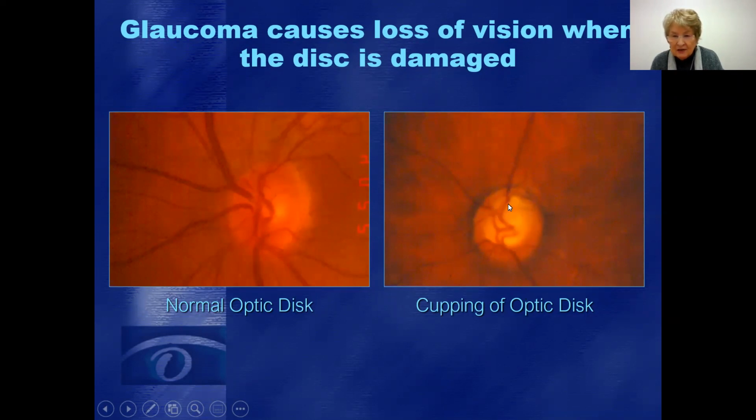Notice the center of the optic nerve, there's the whole nerve. Look at what happens to the center. It's almost completely cupped out. So this is someone that has had serious damage to the optic nerve from glaucoma. It really is an abnormality in the drainage system of the eye that causes this pressure to build up onto the optic nerve.